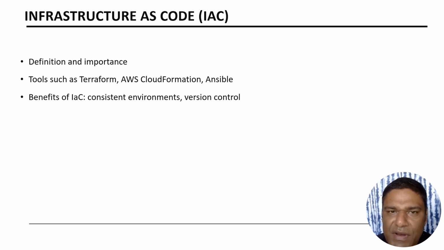By treating infrastructure as code, teams can version control their infrastructure configuration and apply software development best practices like code review and automated testing. It promotes consistency across environments, improves reproducibility, and reduces the time and effort required to manage infrastructure.